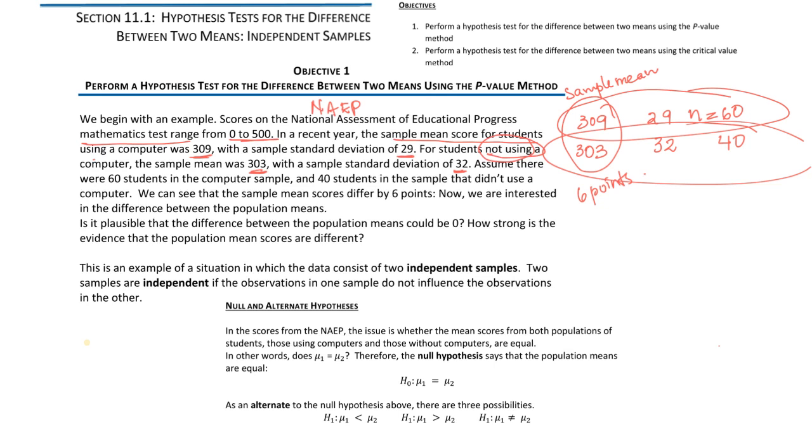The issue is whether the mean score of the population of students using computers and of those without computers are equal. This will be the null hypothesis, and the alternate hypothesis has three possibilities: it could be greater than, less than, or not equal. Here mu1 and mu2 are the population means.